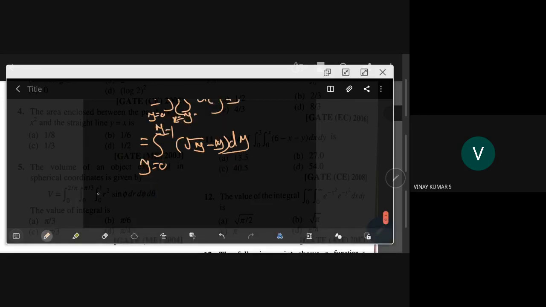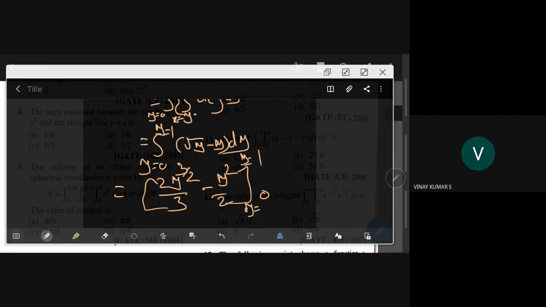So this is equal to y power half plus 1, that is 3 by 2, y power 3 by 2 by 3 by 2, that is 2 by 3, minus y square by 2, from 0 to 1. So 2 by 3 minus 1 by 2. I think I have not made any mistake here. 2 by 3 minus 1 by 2.